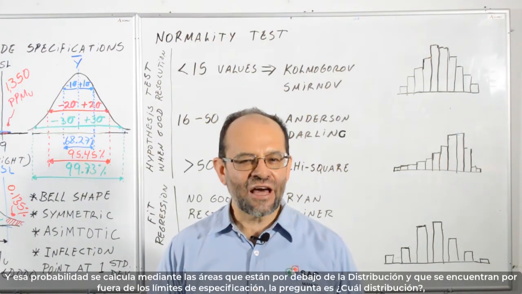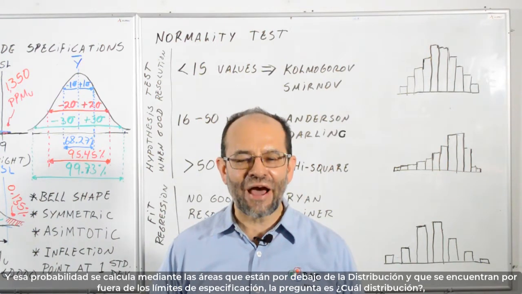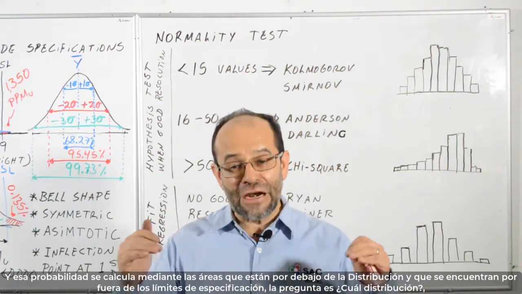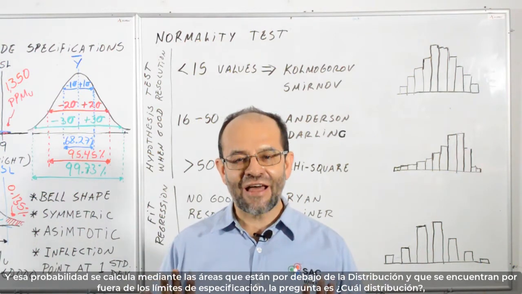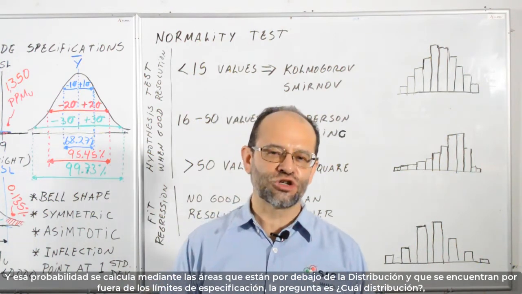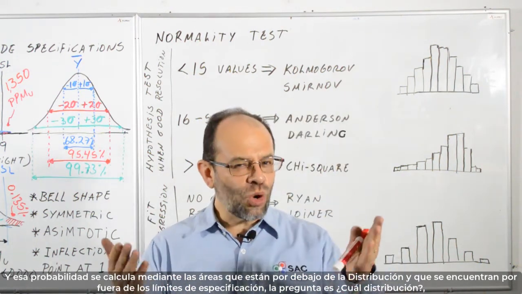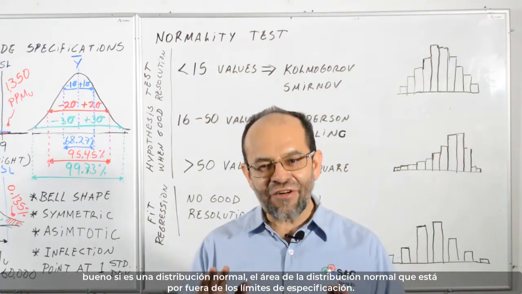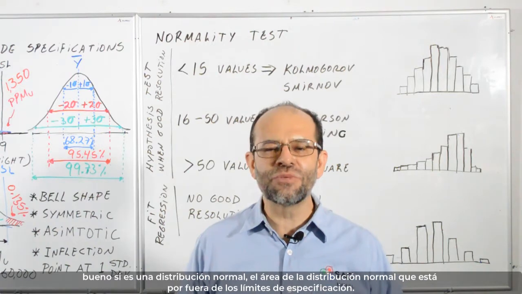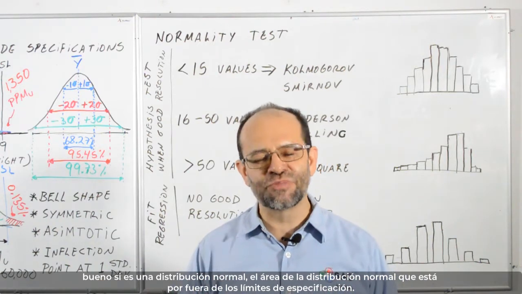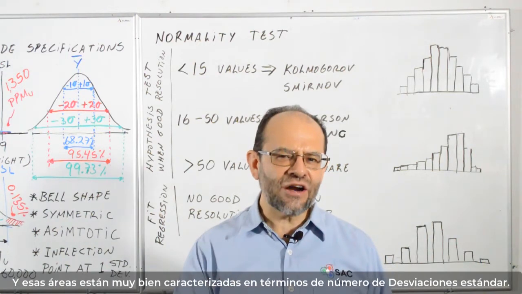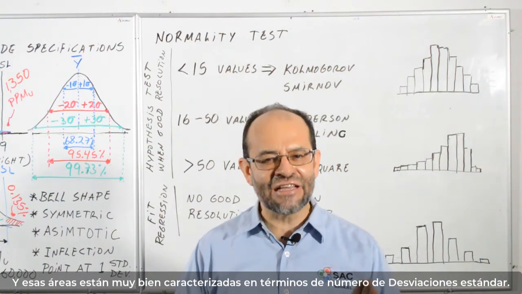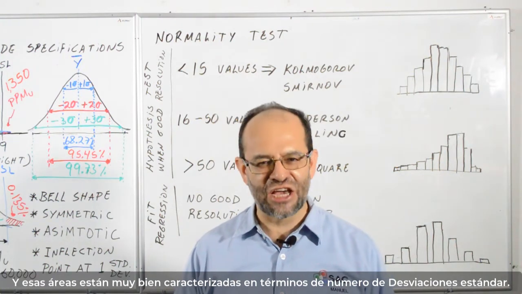That probability is calculated by the areas below the distribution that are outside the specification limits. Question: what distribution? Well, if it is a normal distribution, the area of the normal distribution outside the specification limits, and those areas are very well characterized in terms of number of standard deviations.